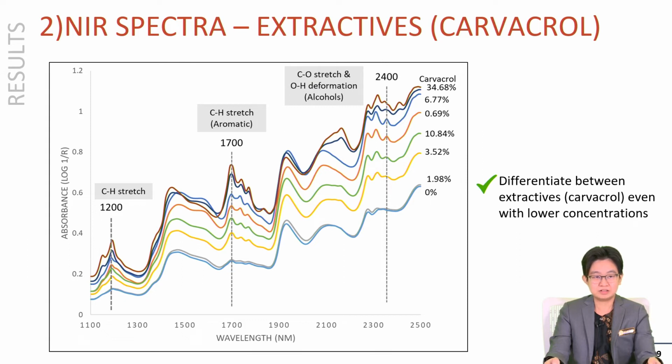When we ran it under the infrared spectroscopy, we discovered that it can differentiate between different concentrations of carvacrol, even from as low as 3%. So there are several peaks that show significant differences that contribute to the functional groups of this extractive.